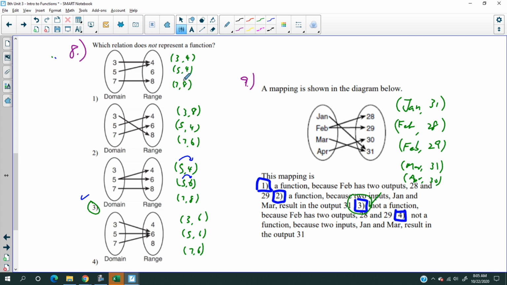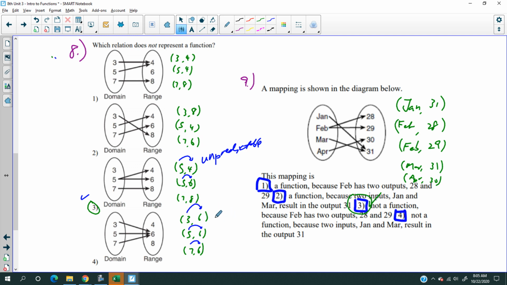Whereas, looking at the last one, if you put 3 in, you get a 6. If you put in 5, you get a 6. If you put a 7, you get a 6. The machine's predictable. In the first case, the machine is unpredictable, because you could put 5 in and get a 4, or put 5 in and get a 6. So what do you think is going to happen next? You don't know. What happens if I put a 5 in and I get a 7? You don't want that.